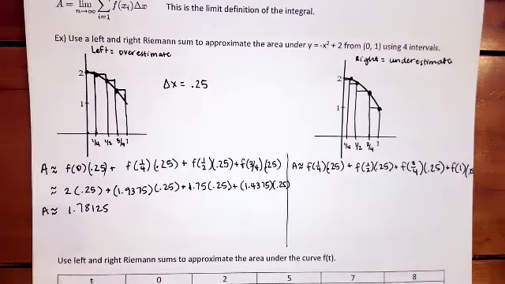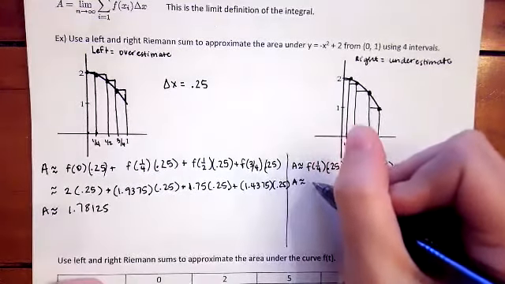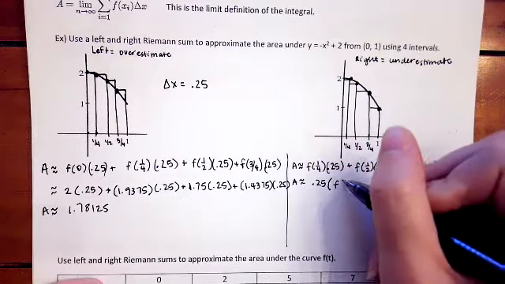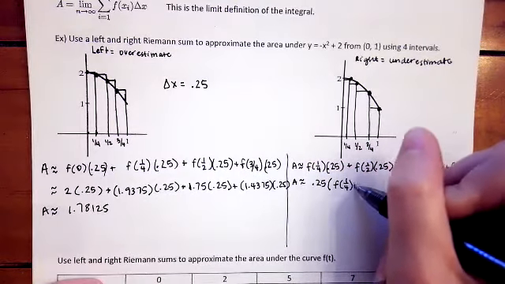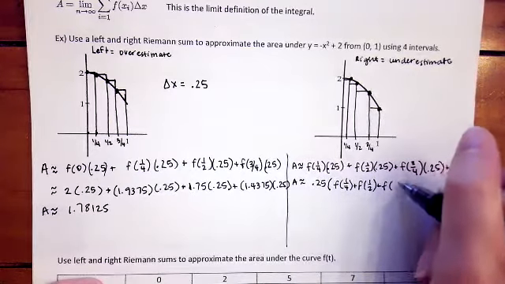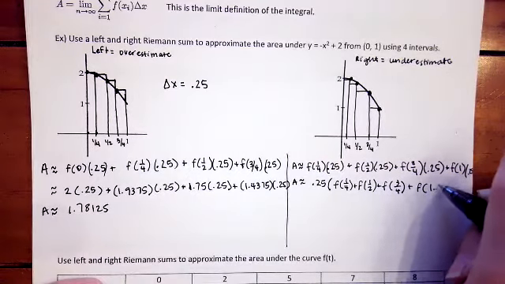Okay. And each one of those is going to be multiplied by 0.25. So if you'd rather write it as 0.25 times all of, f of 1/4 plus f of 1/2 plus f of 3/4 plus f of 1, we can.